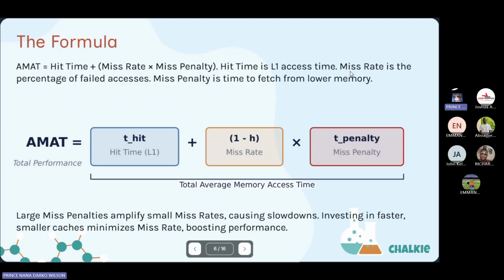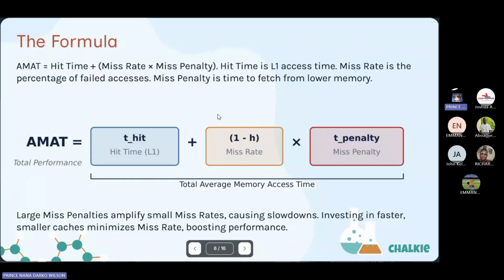And then finally it says times penalty. Penalty is the access time for RAM. In other words, how long it takes RAM to allow data to move from it to a higher level memory. That becomes the penalty. So to compute it, we take hit time and we combine it with the product of the miss rate and the miss penalty.